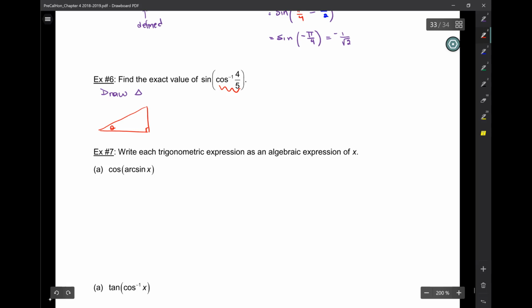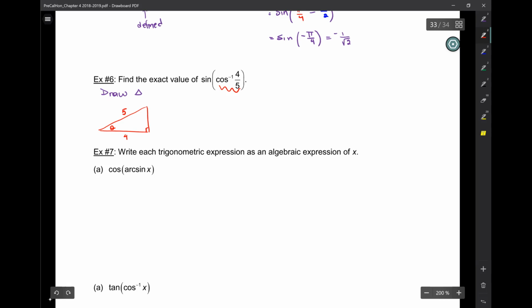If I was walking down the street and saw inverse cosine of 4 over 5 on a billboard, to my mind it registers: find the theta for which the cosine is 4 over 5. We translate it as, I have an angle, the cosine is 4 over 5.